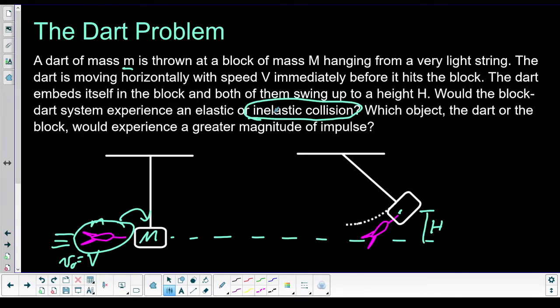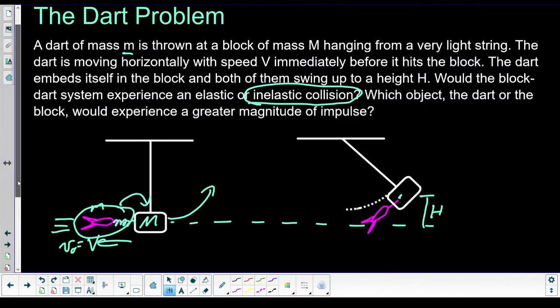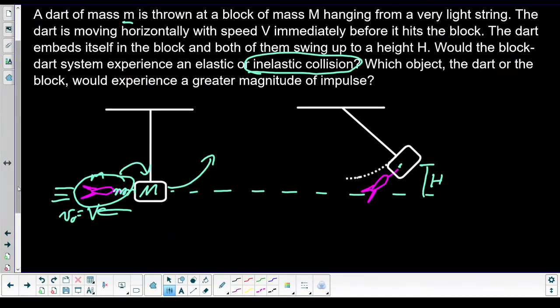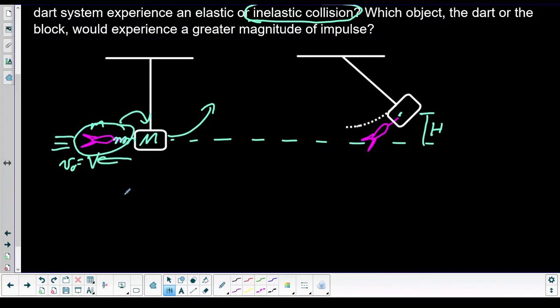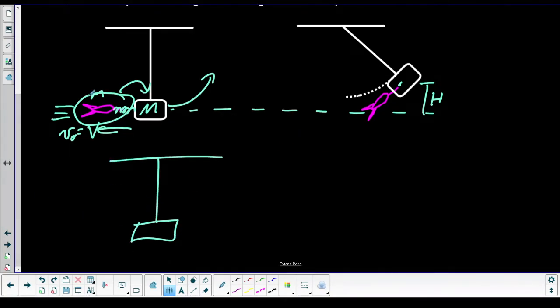Okay. For it to be elastic, this dart would have to have like a spring on the tip, and then when it hits this mass, the mass would have to swing up, and then the dart would have to bounce off, right? Or maybe the other way that I've seen a similar problem is you have your block, and instead of shooting a dart at it that sticks in this thing, they shoot a rubber bullet at it.